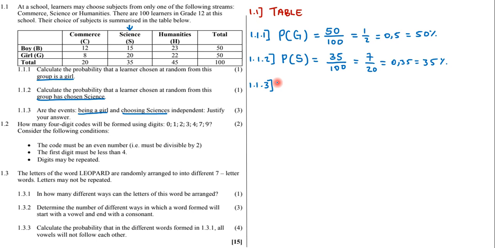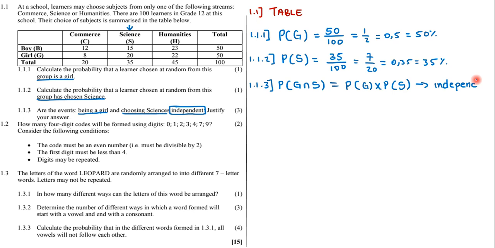The hint here is the word independent. What does that mean? It means that when you take the probability of girl intersected with the probability of science, that should be the same as the probability of a girl multiplied by the probability of science. So this means independent.